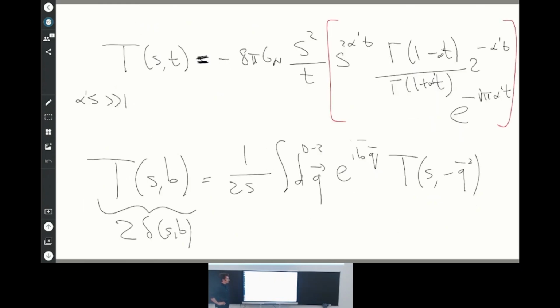I can make it fat, but it's analogous to the fact that this guy develops an imaginary part in the S channel, which we interpret as a production in the S channel, so you can cut it. So this amplitude, when we look at the imaginary part, if we cut it, it effectively measures the production of resonances in the S channel.